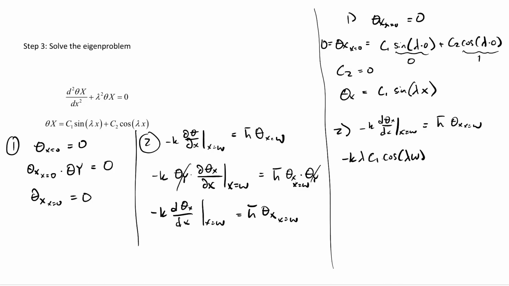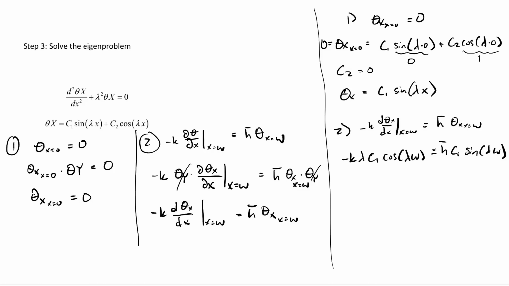We're evaluating this at w, is equal to h bar times C1 times, what is my theta function? It's just sine lambda w. Okay, so now we have eliminated the x from this equation, and we're left with something where we can solve directly for C1.